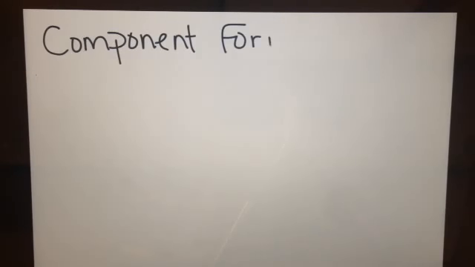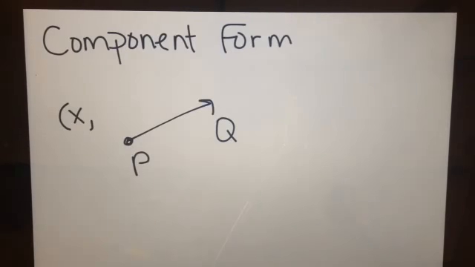All right, now there's a couple different ways to write vectors. One way is called the component form. So if we have a vector that goes from P to Q, you can graph these on coordinate planes. And so the point P would be (x1, y1).